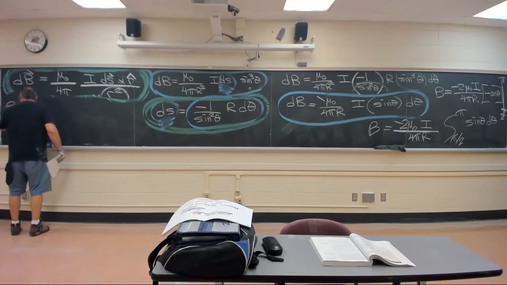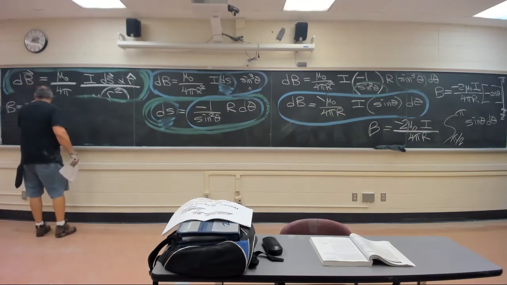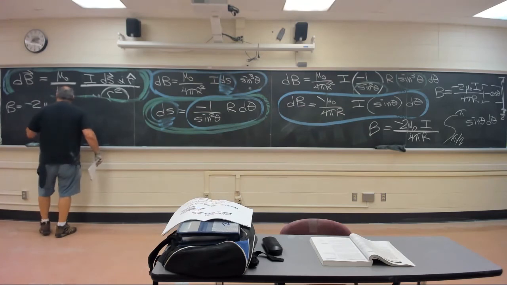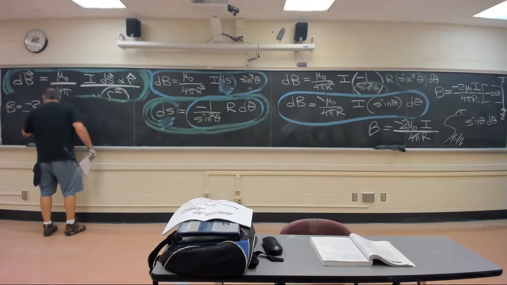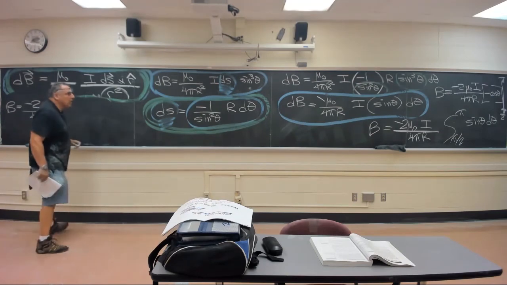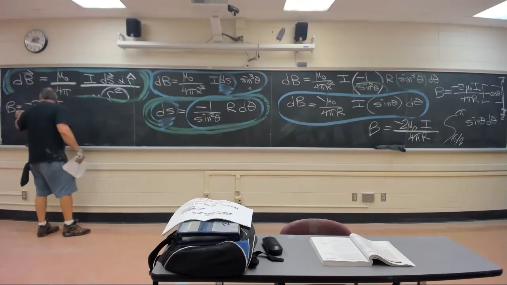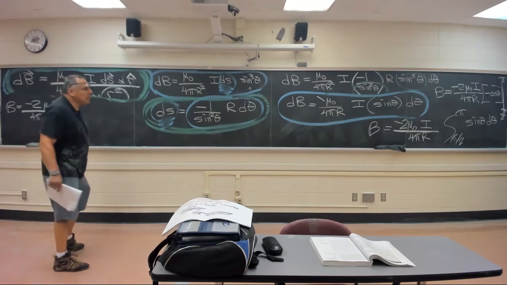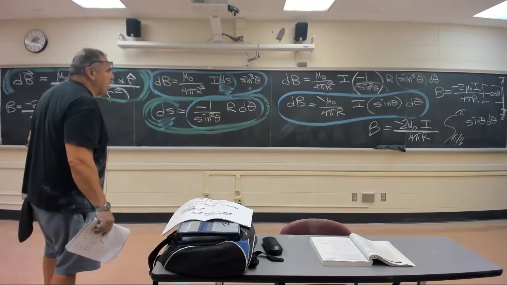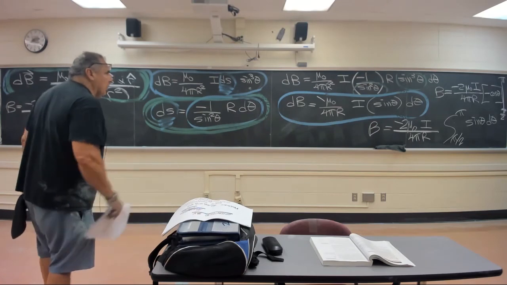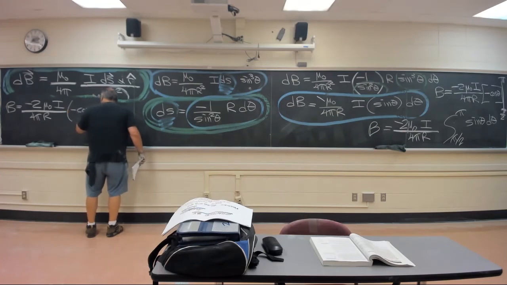B equals negative, the 2 times the negative mu 0, is negative 2 mu 0 I over 4 pi capital R. The integral was negative cosine, right? You got negative cosine theta.